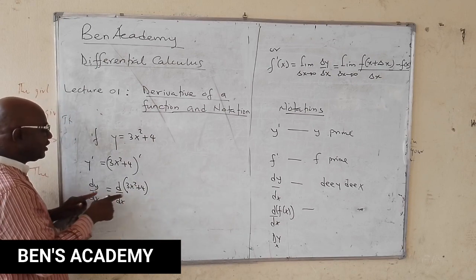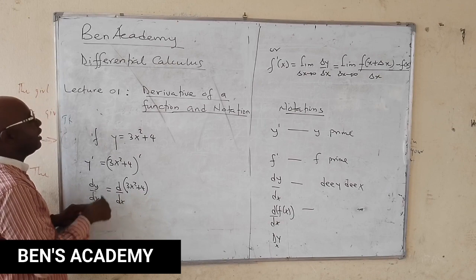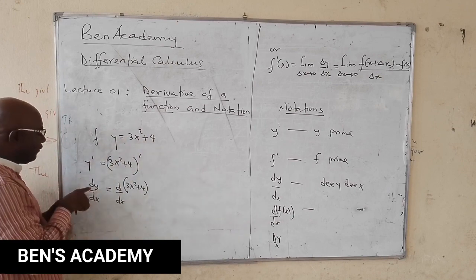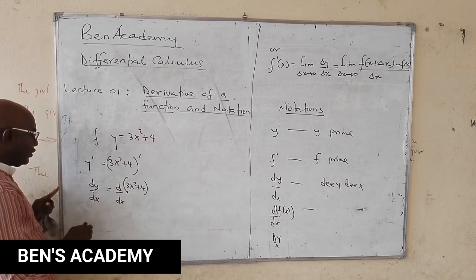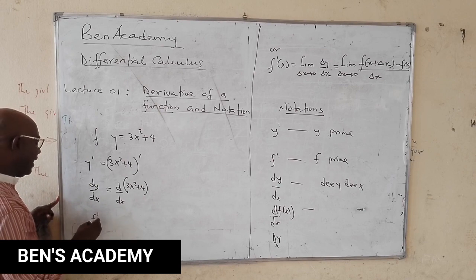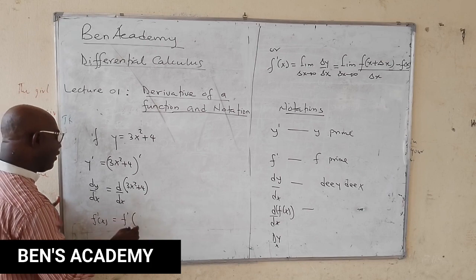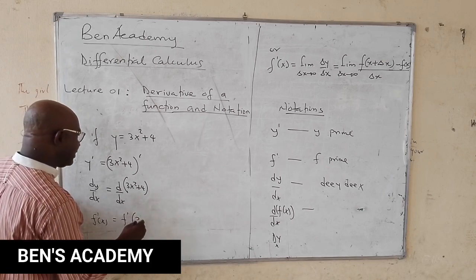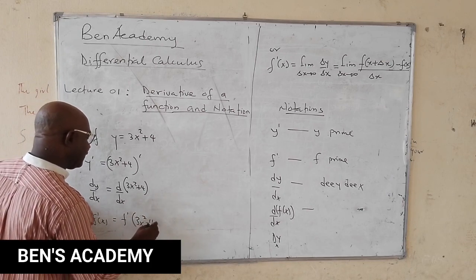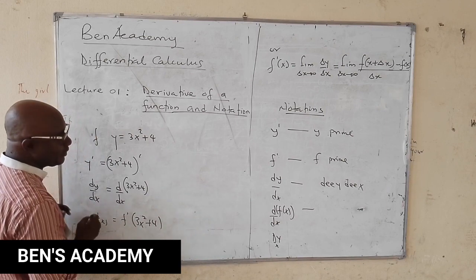So if I'm differentiating this, it means it is the derivative of this, supposing I use dy of dx. Also, I can write this as f prime of x. We can also say x prime of 3x squared plus 4. Some textbooks make use of this.